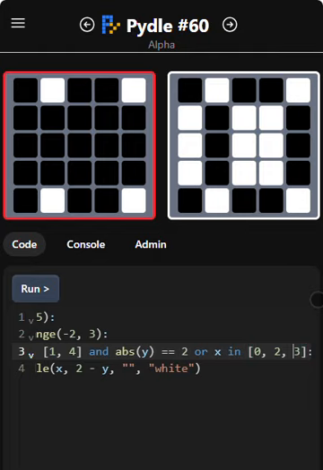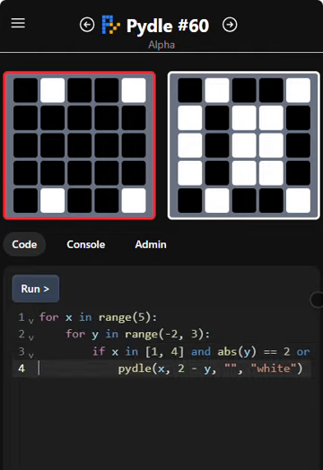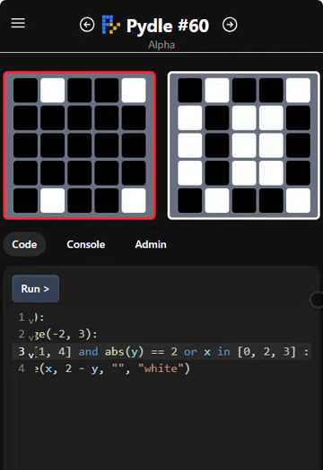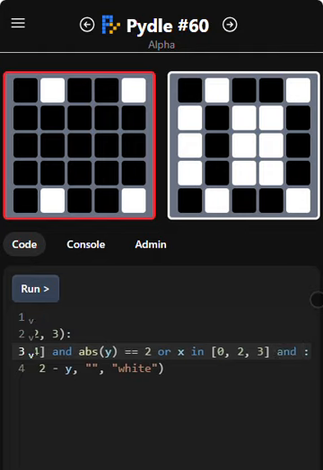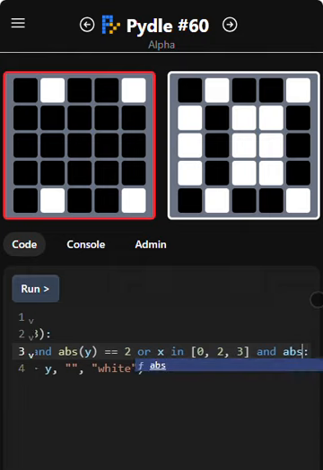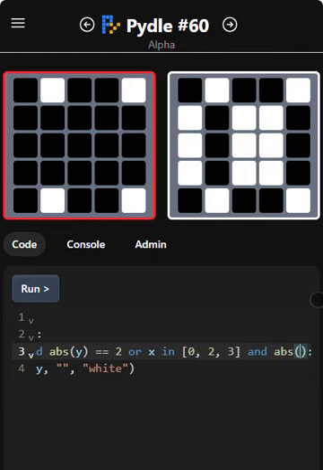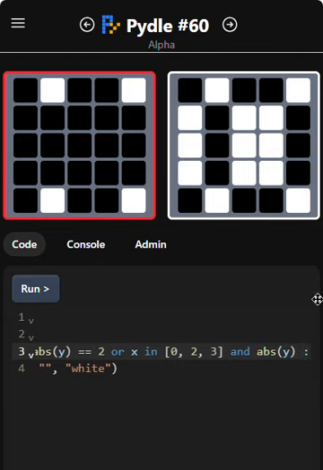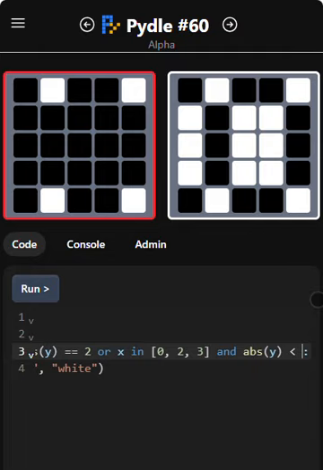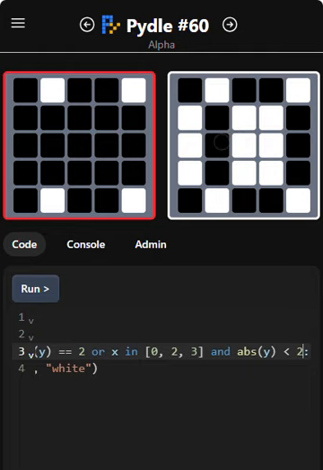So those are the column numbers for x for the vertical bars, and absolute value of y is less than 2. Okay, let's see if that makes sense.